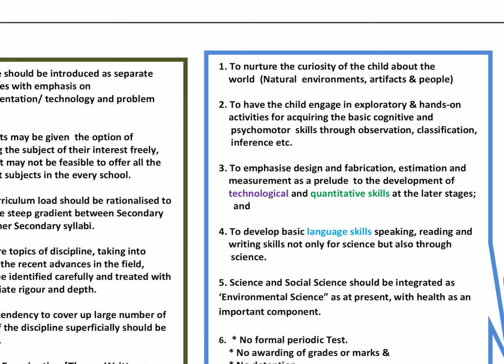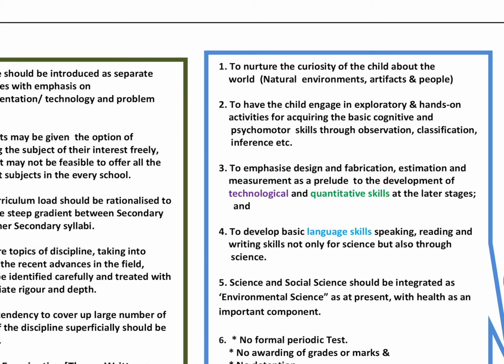Then the third objective of teaching science in the primary stage is to emphasize design and fabrication, estimation and measurement as a prelude to the development of technological and quantitative skills at later stages. Later stages means maybe upper primary, secondary or senior secondary.